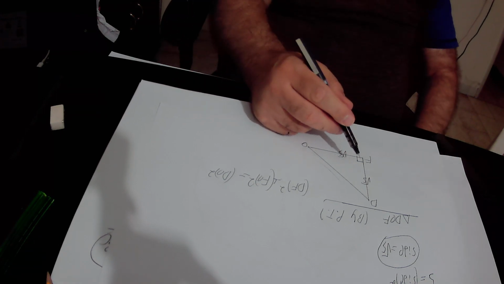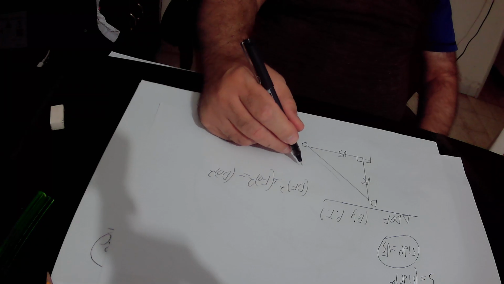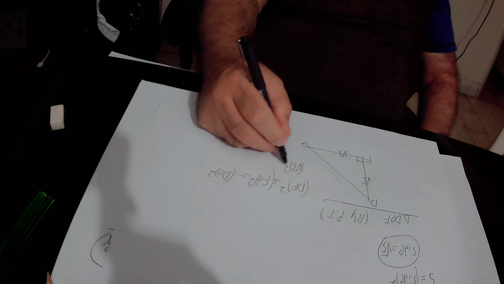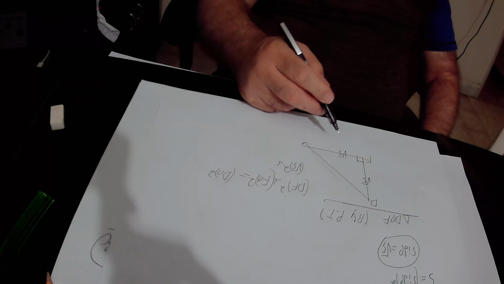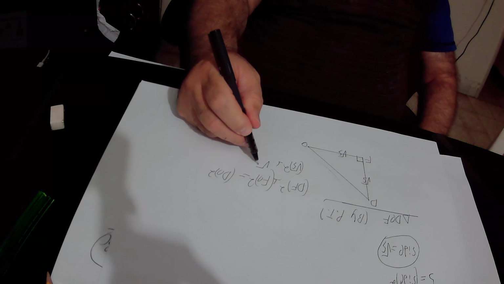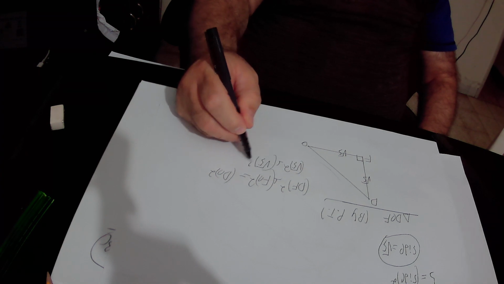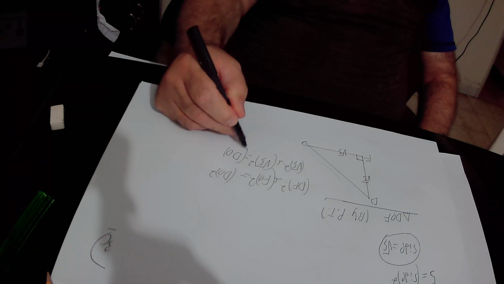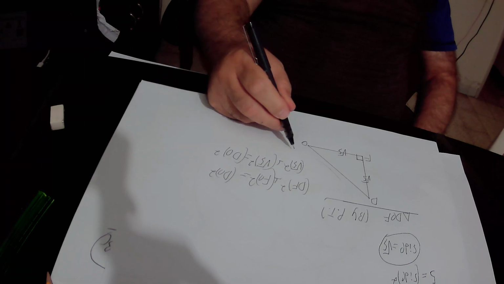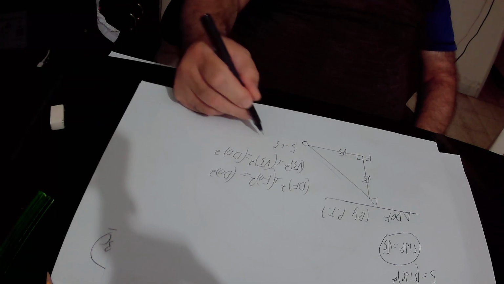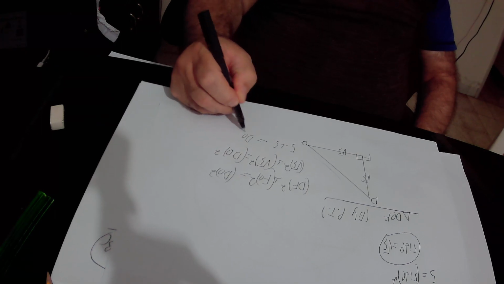DF equals square root of 5. So DF squared equals the square root of 5 squared, plus FO, which is equal to square root of 5, so FO squared equals square root of 5 squared. That is equal to DO squared by Pythagoras theorem. Square root of 5 squared is 5. So it is 5 plus 5, that is equal to DO squared.